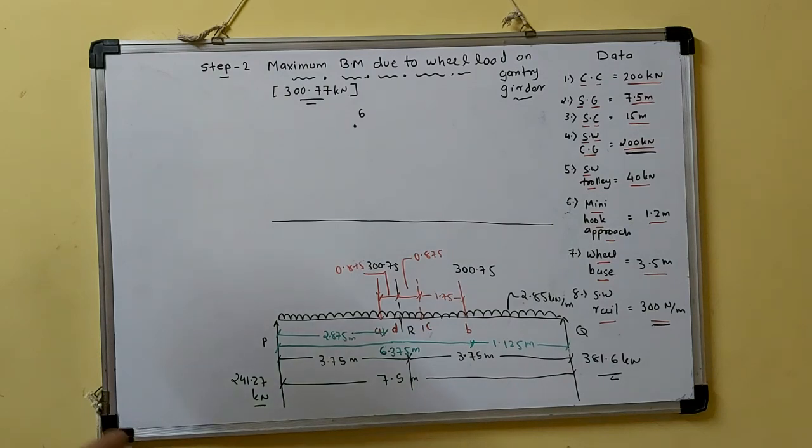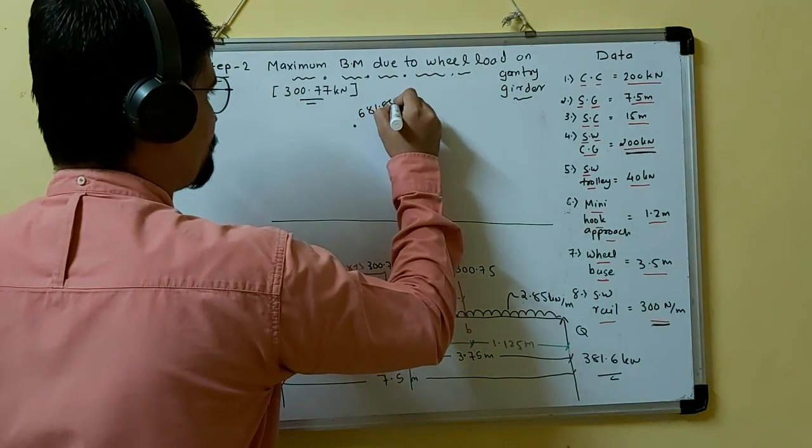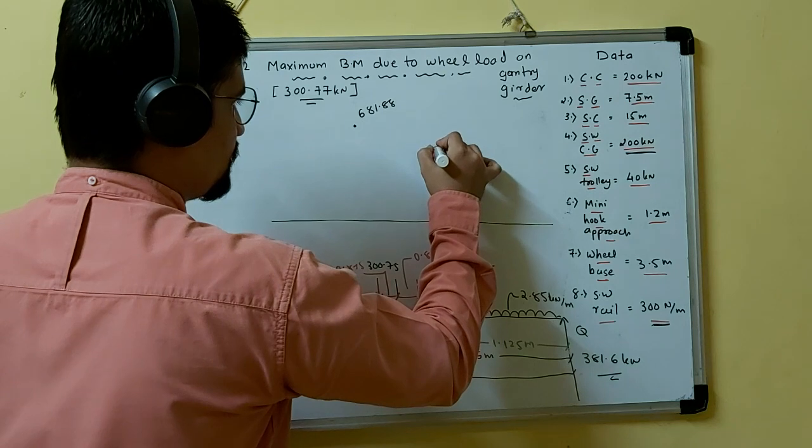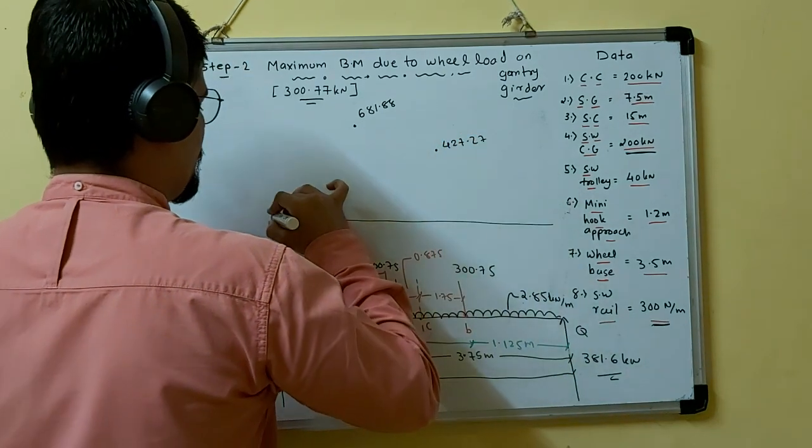Sorry. 681.8, and this is 427.27, and the diagram will be like this.